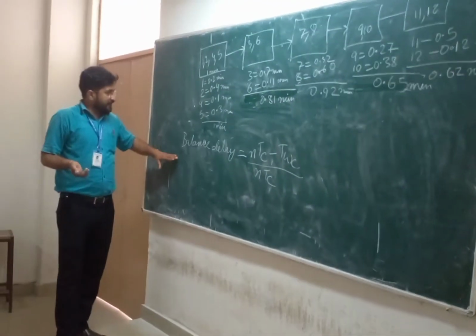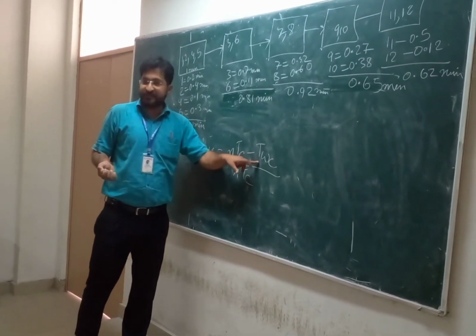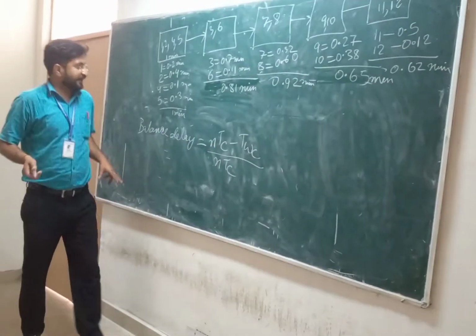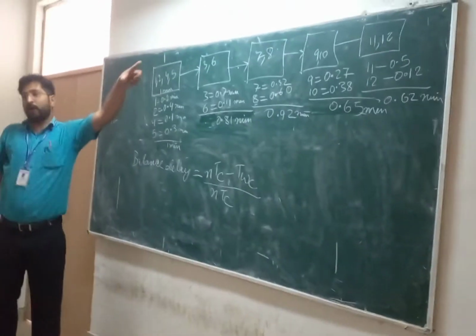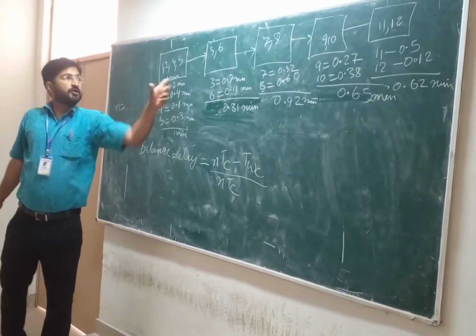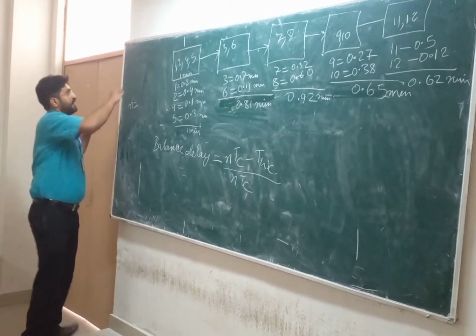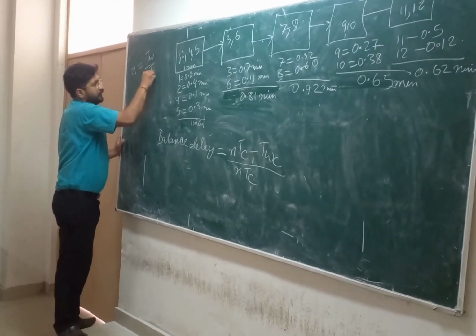So balance delay is given by n Tc minus Tw divided by n Tc. So what is n here? Small n is the number of workstations. Initially we found the number of workstations as Tw divided by Tc.